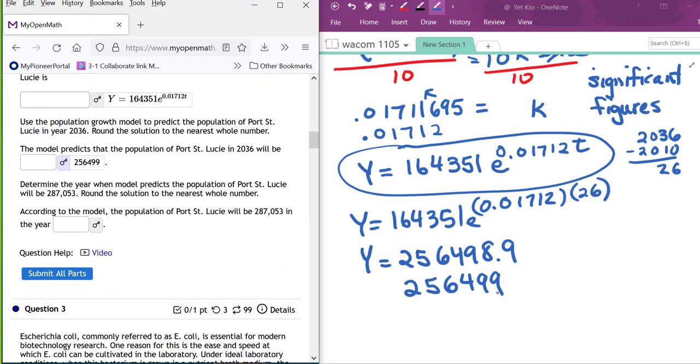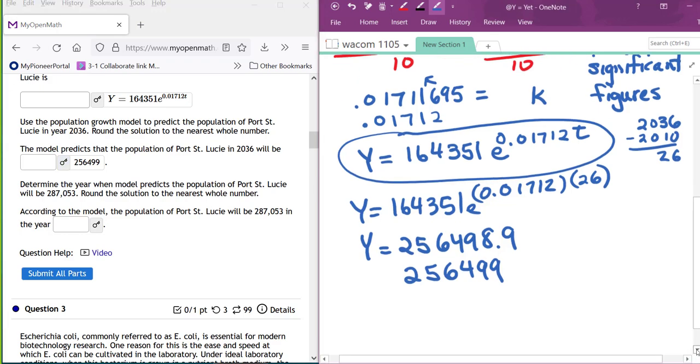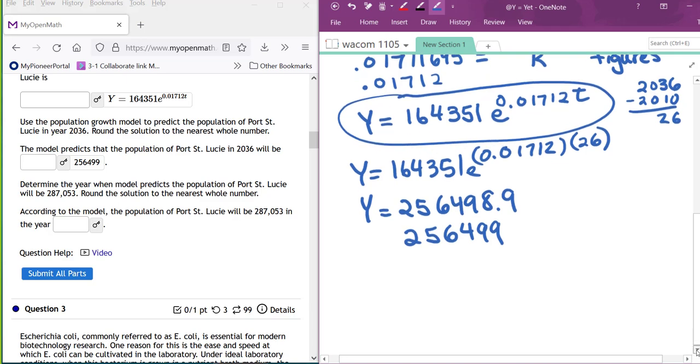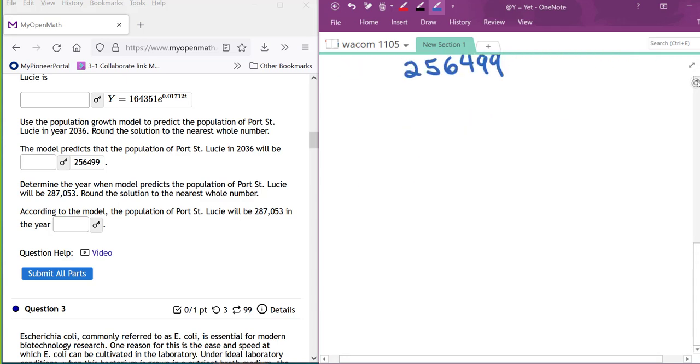And then they're going to have us do one more question. We're going to use this model, and they want to know when the population of Port St. Lucie will be this. So we don't know t. This time we'll have to do a logarithm of both sides. So we're going to go back to this.